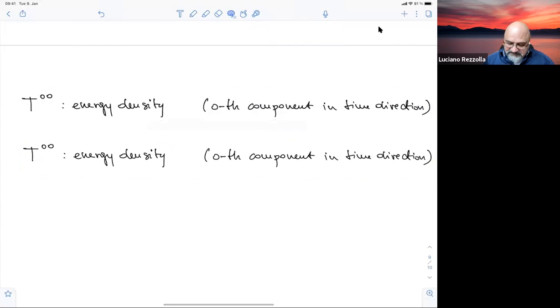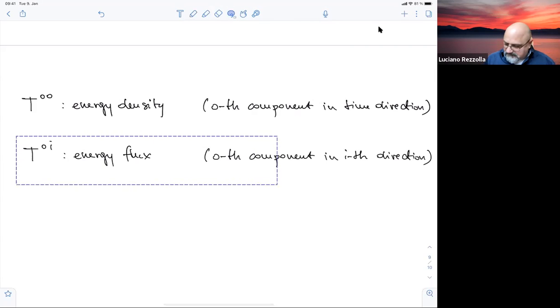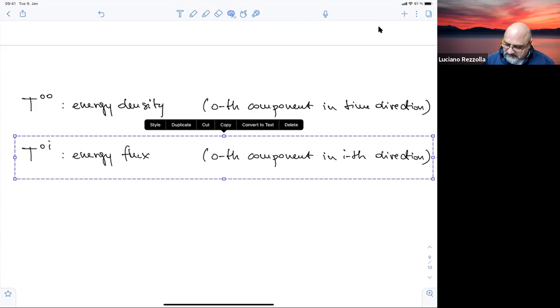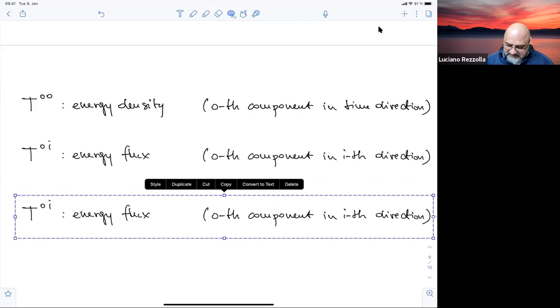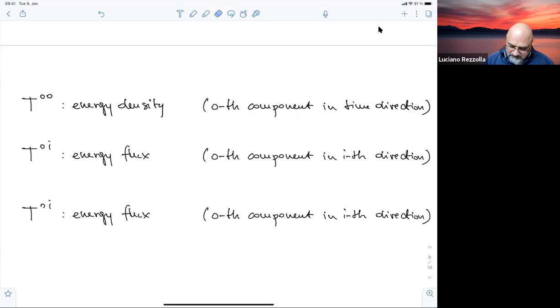I can take now the T0i, and this would be the energy flux. So this would be the 0th component in the ith direction. I can take the Ti0, and this will be the momentum density.